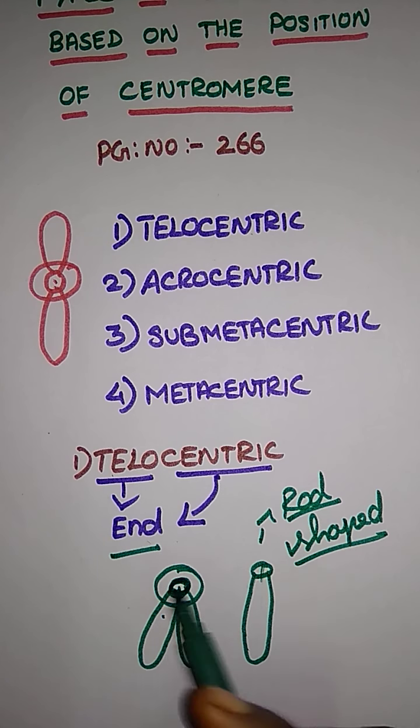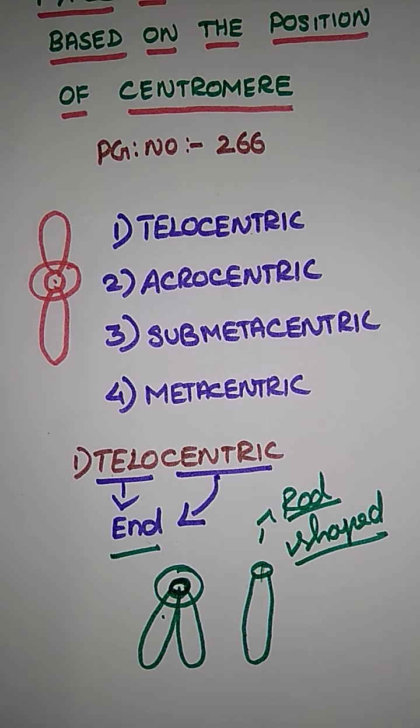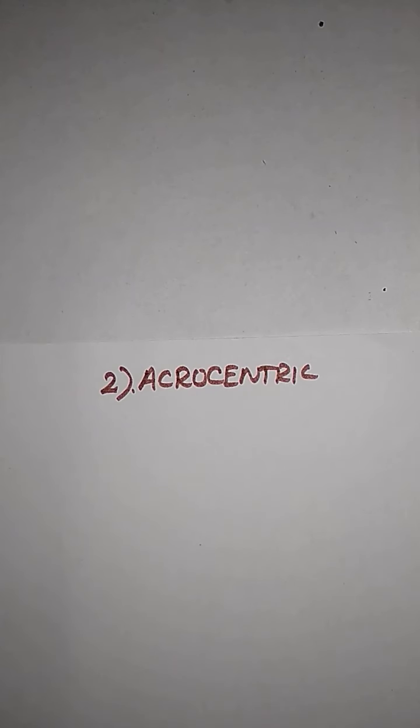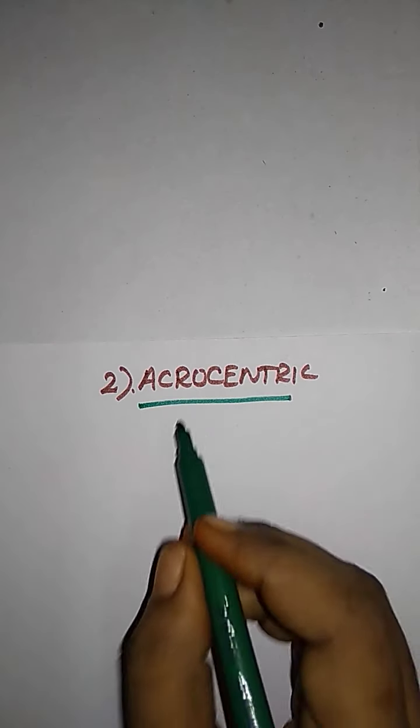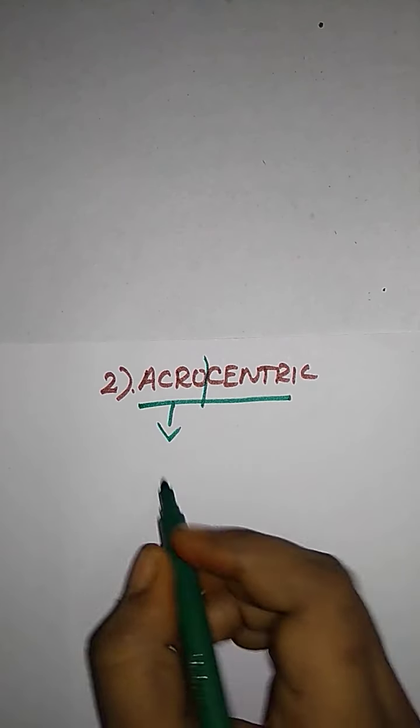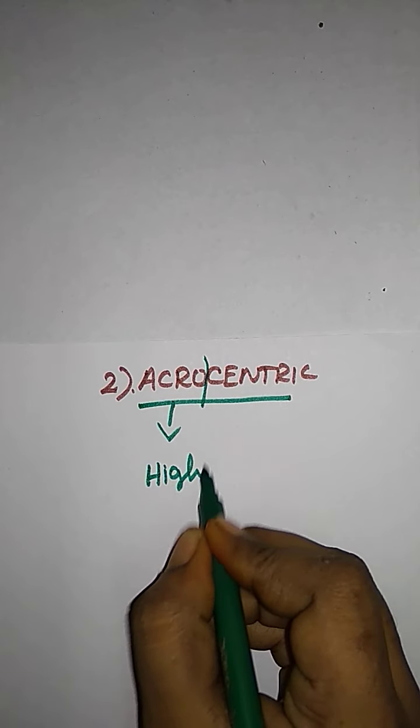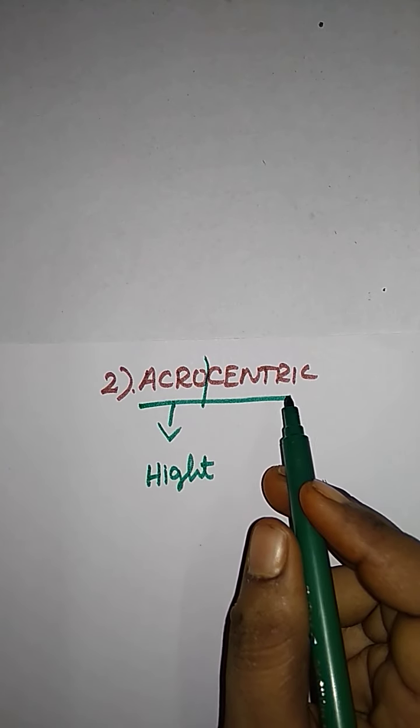And what is the next one we are having? Acrocentric. The next position of centromere of chromosome is acrocentric. Acro means height. Centric means centromere, you know that.